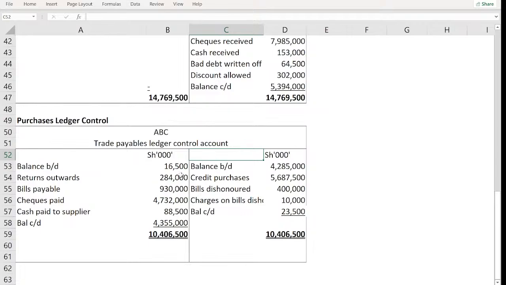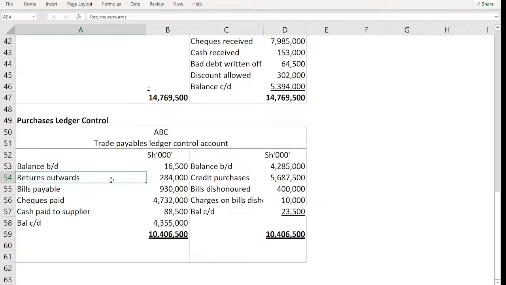So we are going to use that information to know what to record. So we start on the debit side. The balance brought down, as you can see from the question, we are told is for 16,500. On the credit side, it's for 4,200,000. So we input on the credit side that.